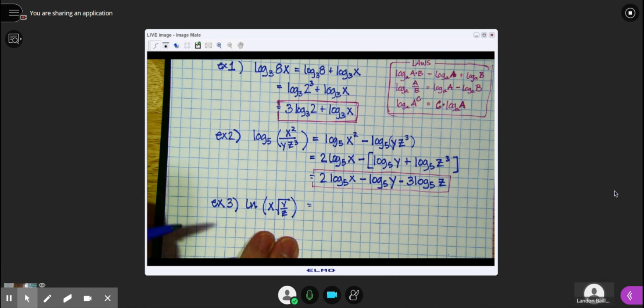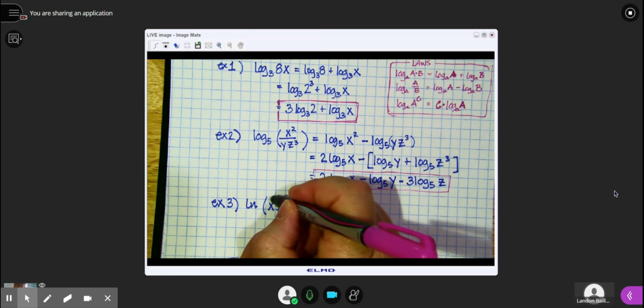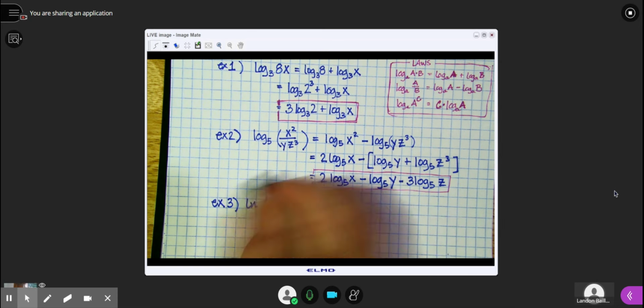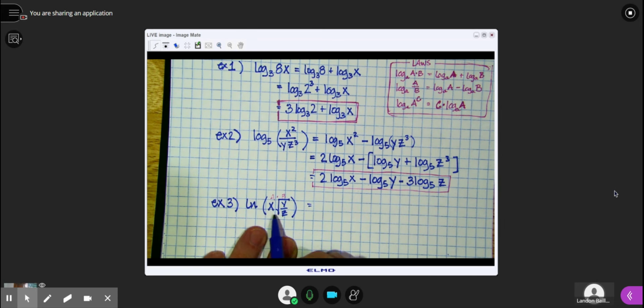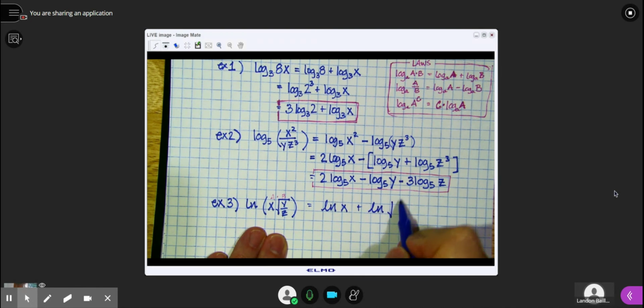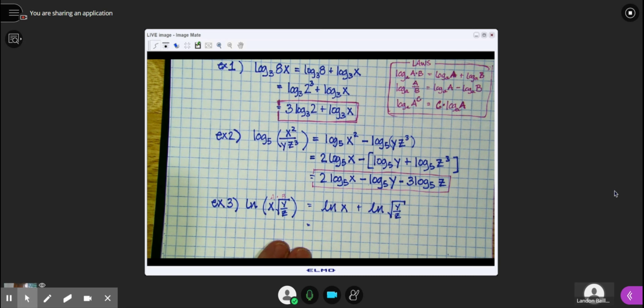But do you see how you do have an a times b here? So I could write this as ln x plus an ln of the square root of y over z. Square root is what power?